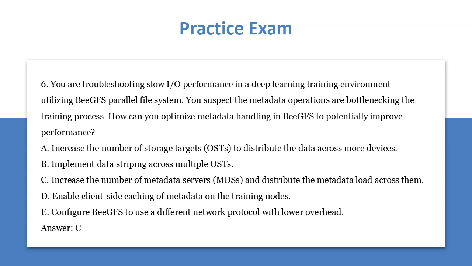B. Implement data striping across multiple OSTs. C. Increase the number of metadata servers, MDSs, and distribute the metadata load across them. D. Enable client-side caching of metadata on the training nodes. E. Configure BeeGFS to use a different network protocol with lower overhead. Answer: C.